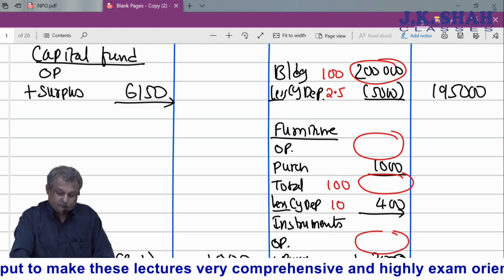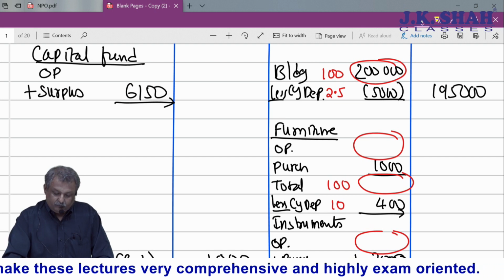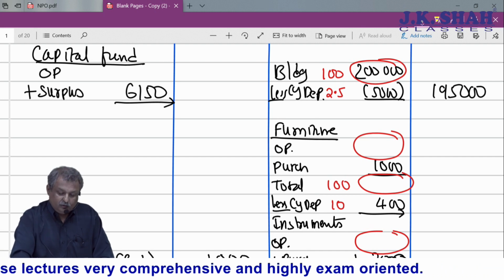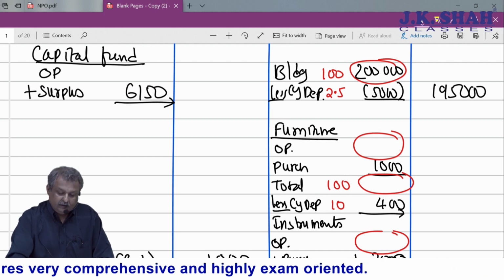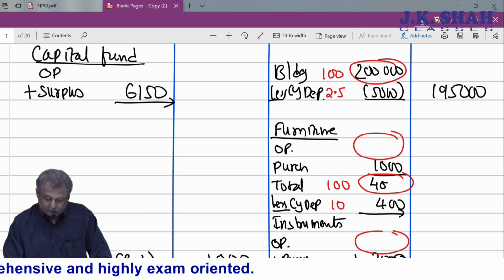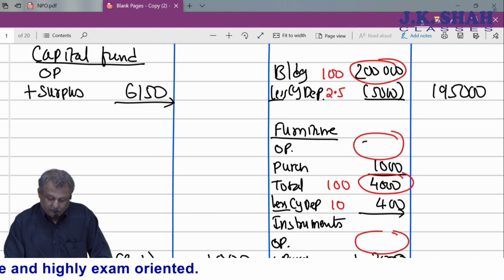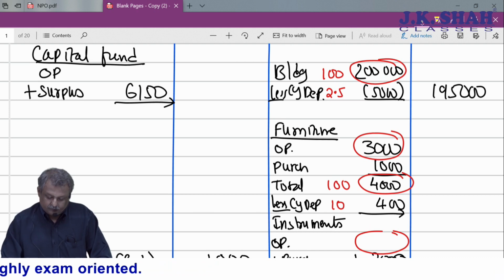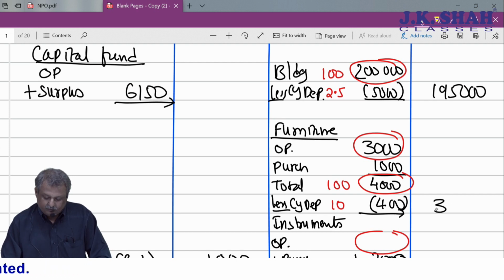Similarly, 400 into 100 divided by 10, this is 4,000. So the opening will be 3,000 and 4,000 minus this 400 will be 3,600.